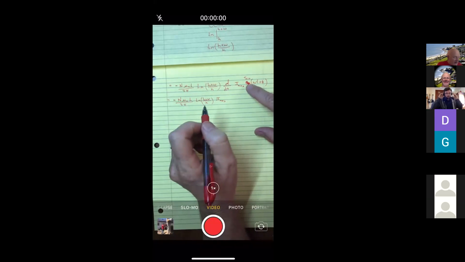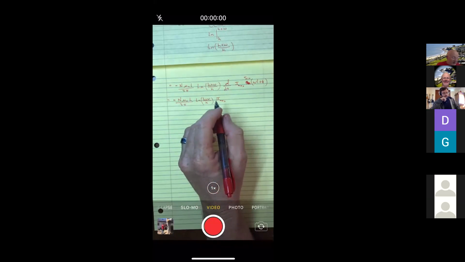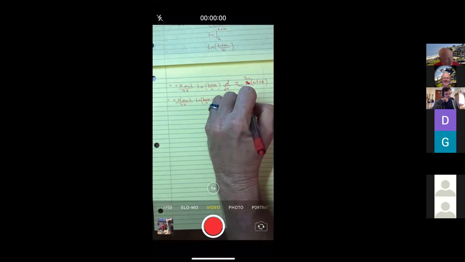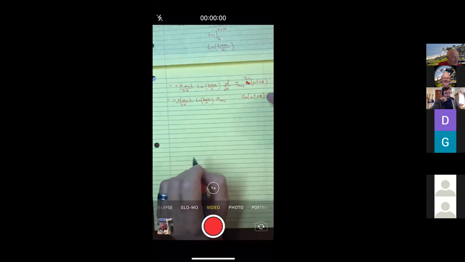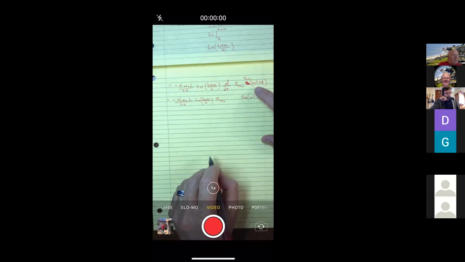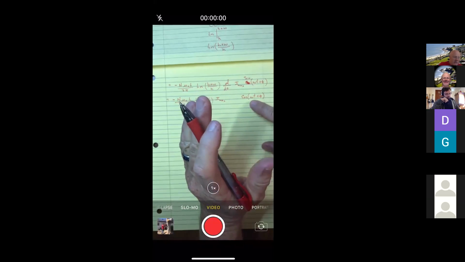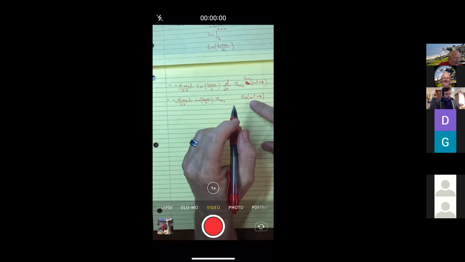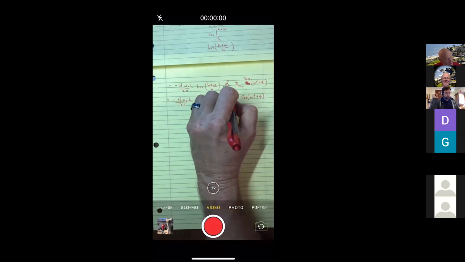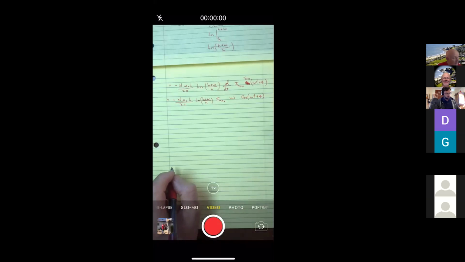I can pull that out. Derivative of a sine is a cosine of omega t plus phi. And then the, or is it a minus? Sine is cosine, okay. And then the chain rule gives me the omega.